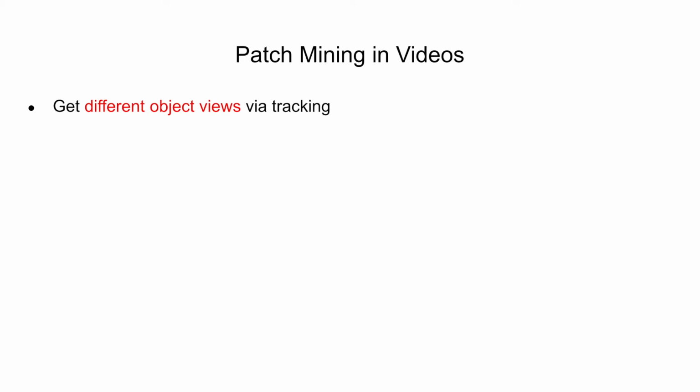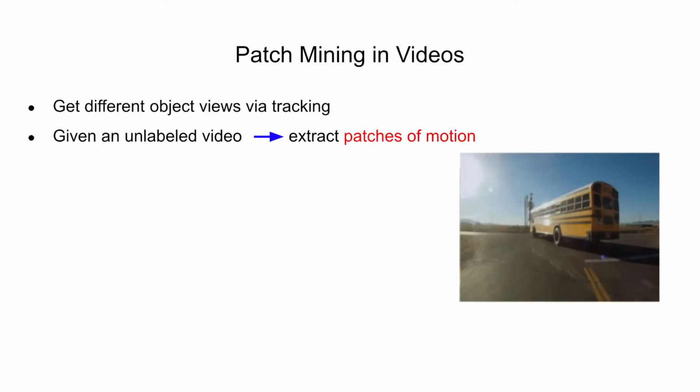Given that this approach doesn't leverage labeled image data, its first step is the extraction of frames of interest from the web's unlabeled videos that could be used as training instances. The ultimate goal of this procedure is to get different views of the same object by tracking. For that reason, the authors followed a two-step procedure that enabled them to detect patches with motion.